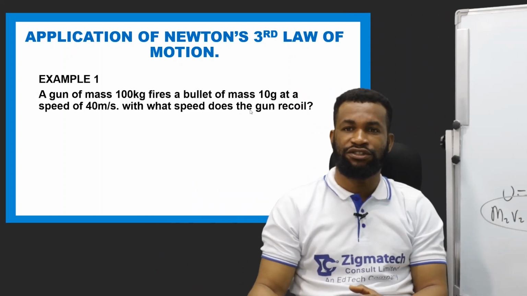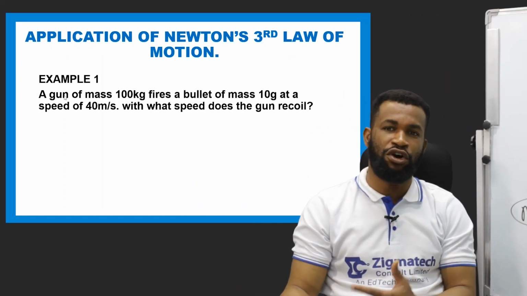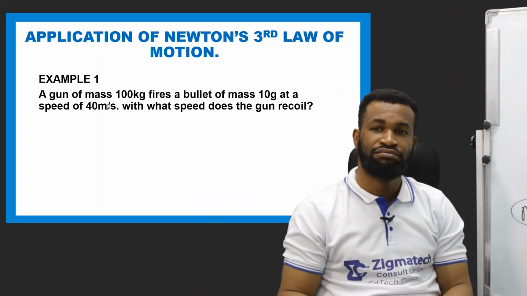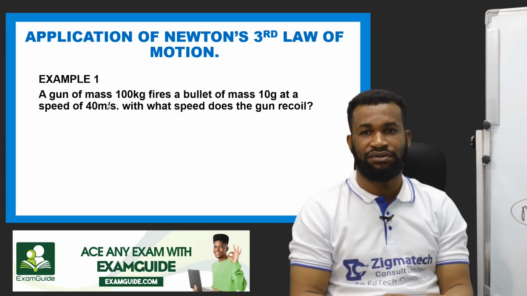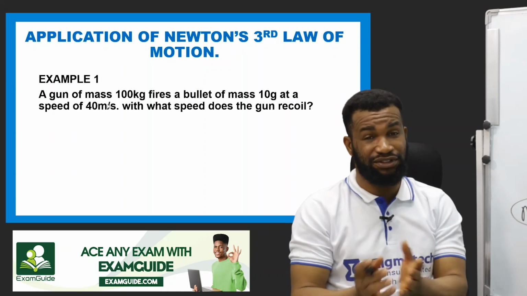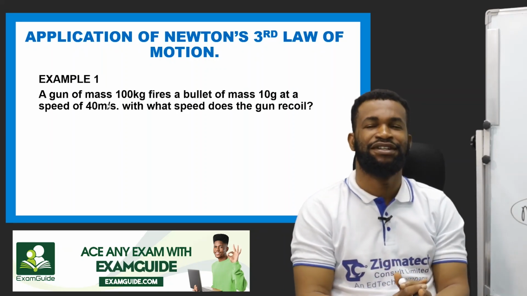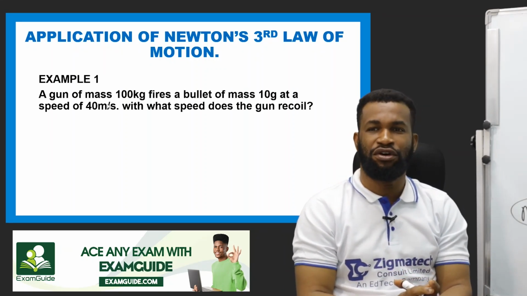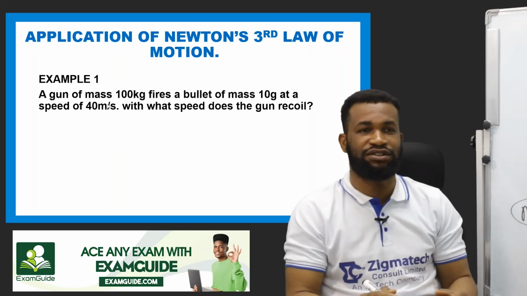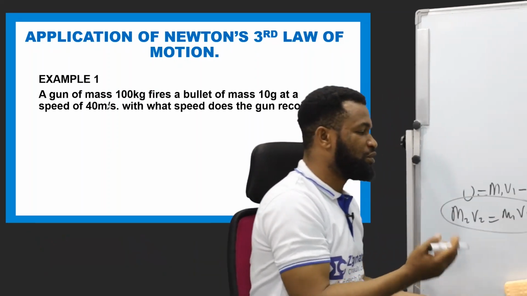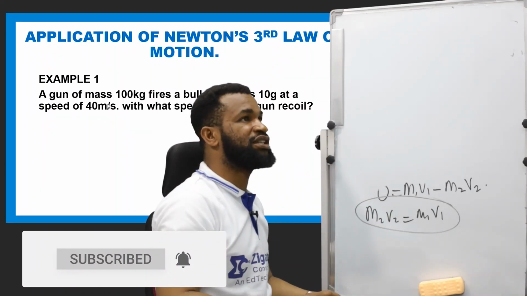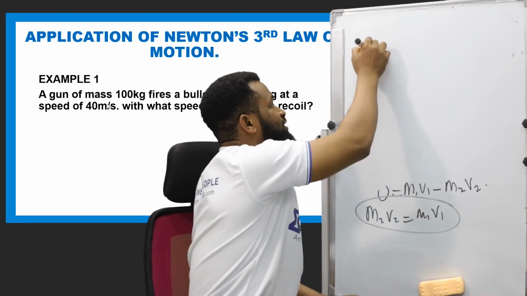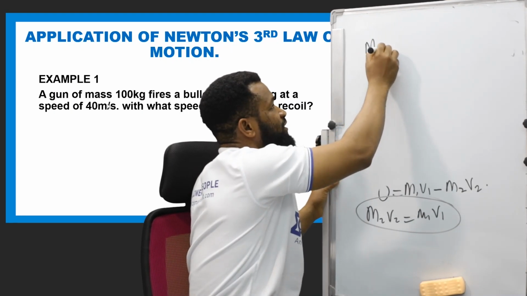Okay, let's look at this question. A gun of mass 100 kilograms fires a bullet of mass 10 grams at a speed of 40 meters per second. With what speed does the gun recoil? So we are going to apply Newton's third law of motion.